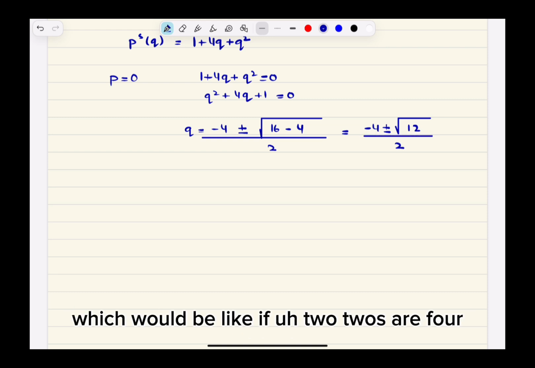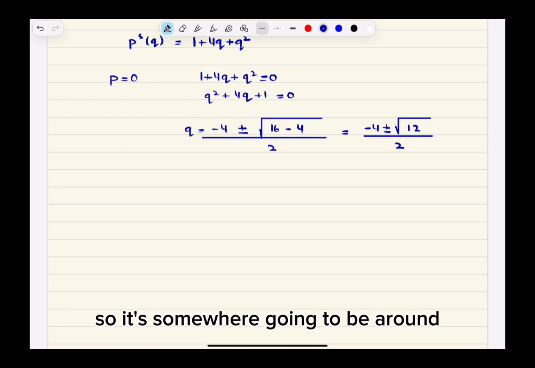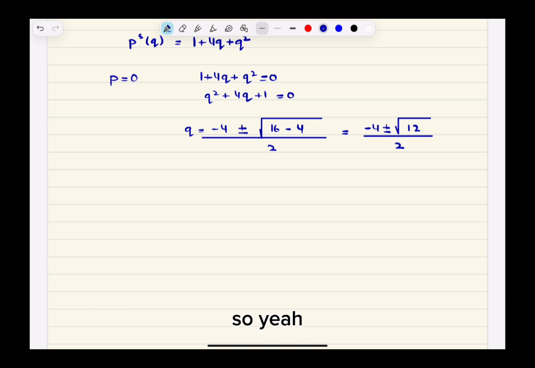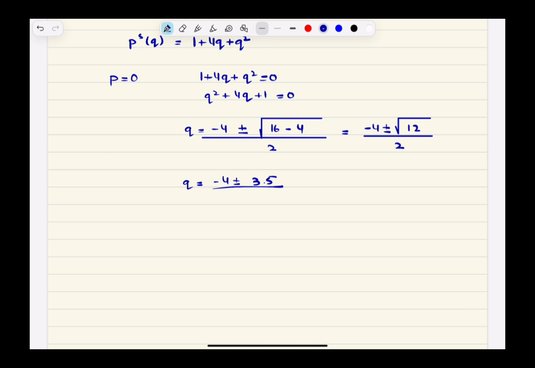The square root of 12 would be like, if 2 twos are 4, 3 threes are 9, and 4 fours are 16, it's going to be between 3 and 4. So let's just approximate this. Suppose it's 3.5.